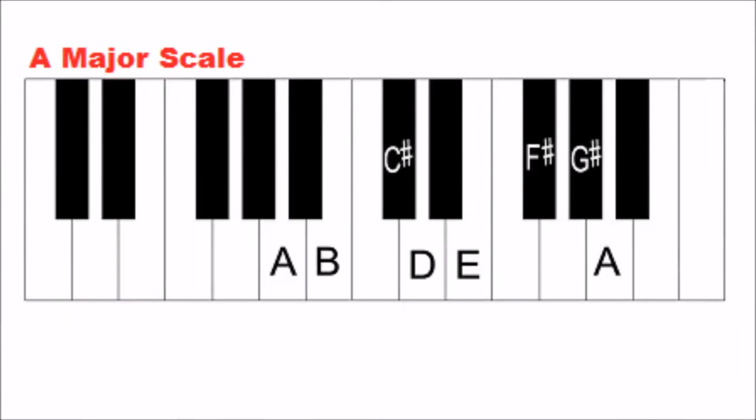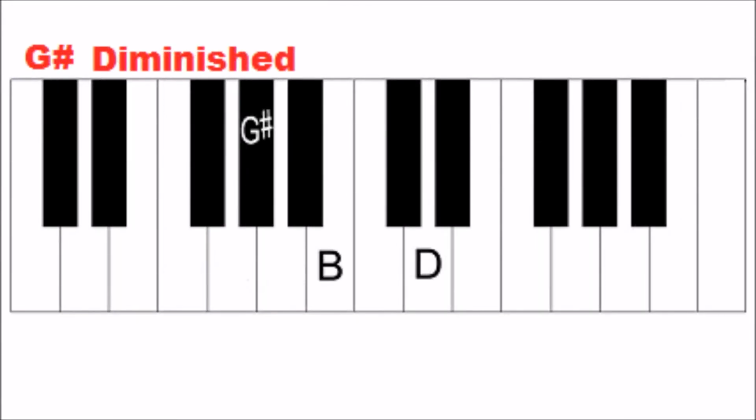You can start on G sharp, skip A, play B, skip C sharp, and play D, giving you G sharp, B, D. And this is a G sharp diminished chord.